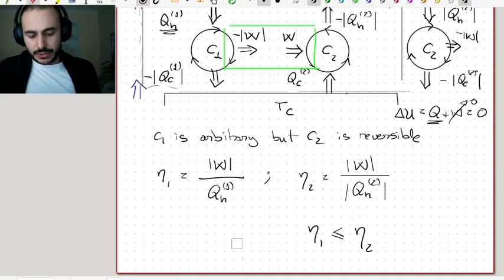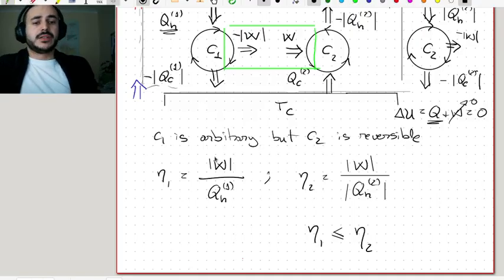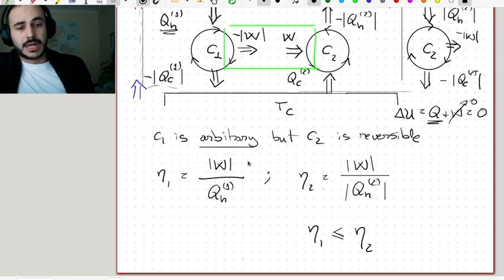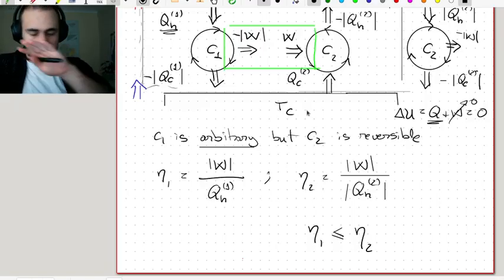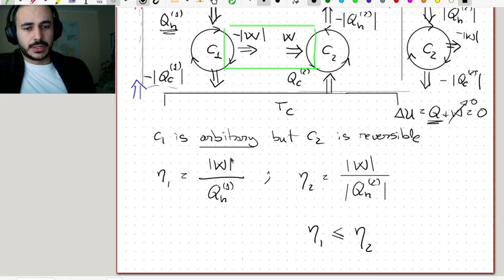We said just now that C1 was arbitrary. Arbitrary doesn't mean irreversible. It can be irreversible, but it could also be reversible. Why not? So what if C1 was also reversible? Then we can repeat the entire same reasoning, changing the labels 1 by 2. It's the exact same reasoning, but whenever we wrote 1, we now write 2.